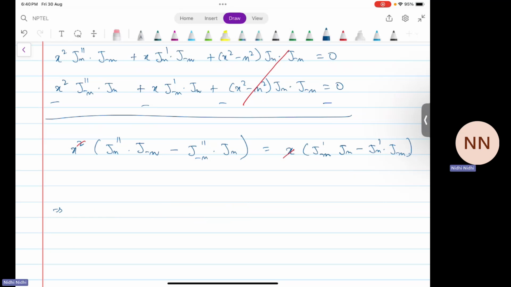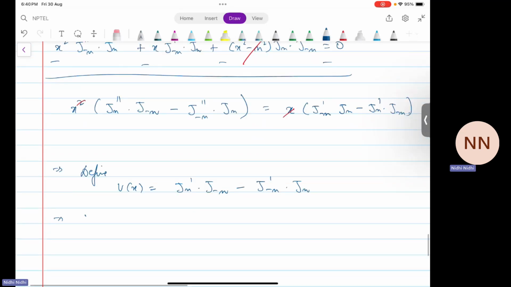We will define v(x) equal to J_n' J_{-n} minus J_{-n}' J_n. So this gives us v'(x) is equal to, let's number this one as equation 3.